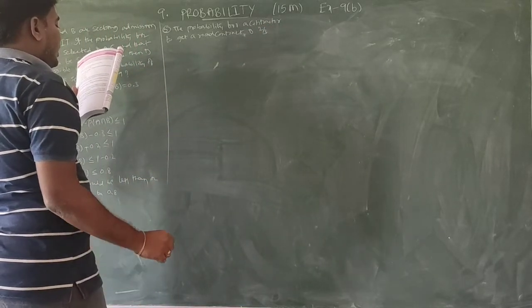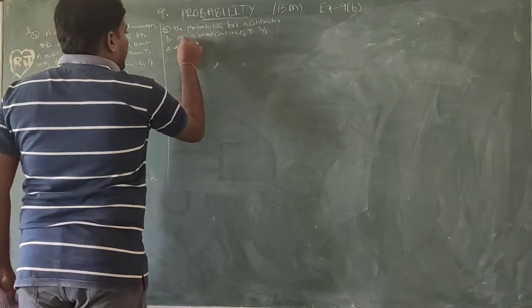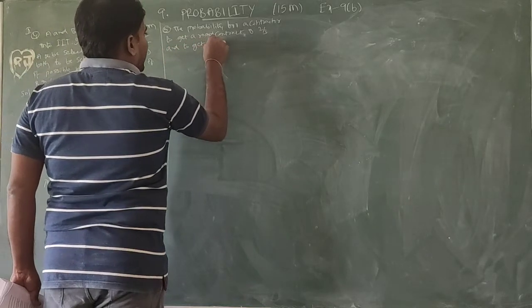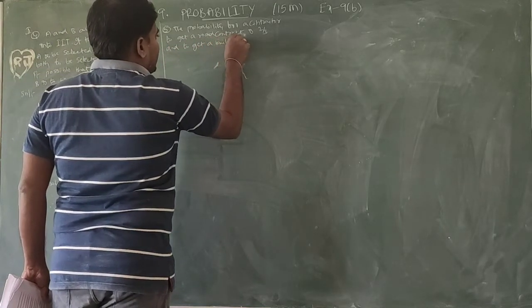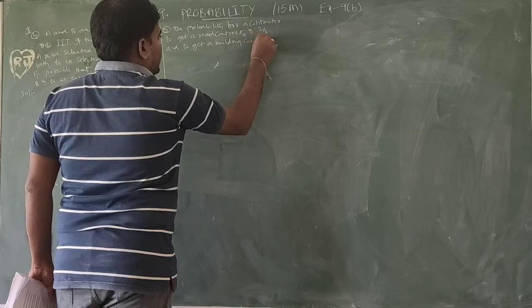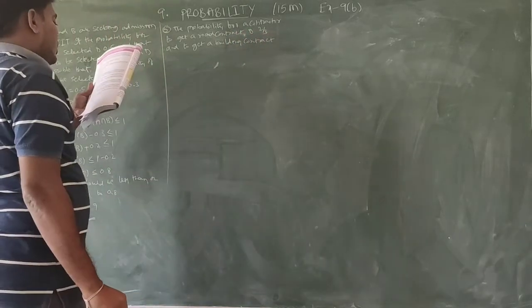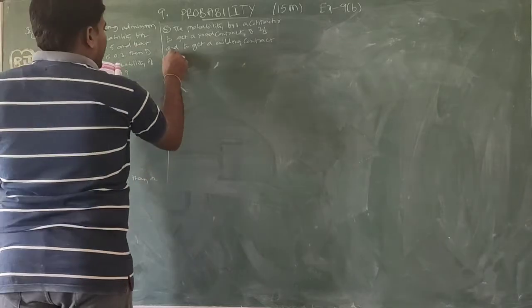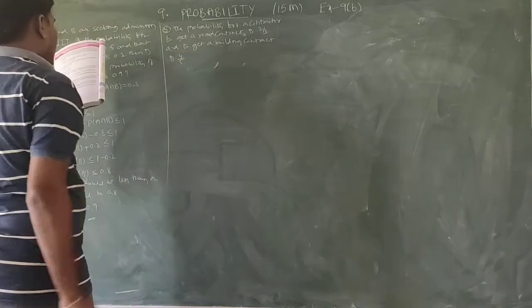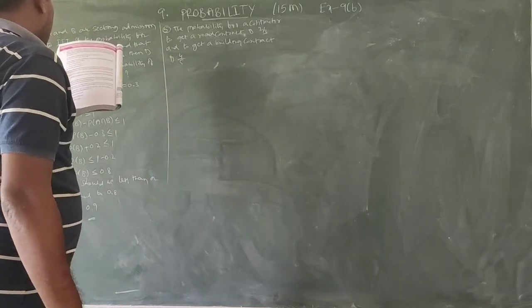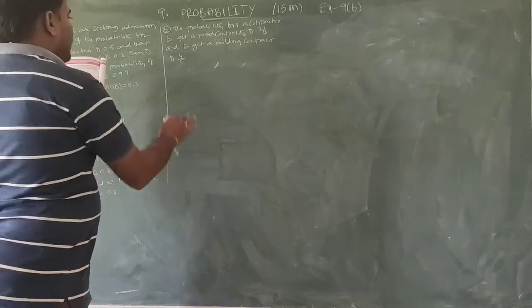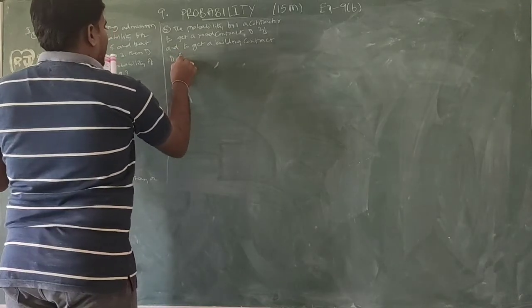And to get a building contract is 5 by 9, not 4 by 5, 5 by 9.